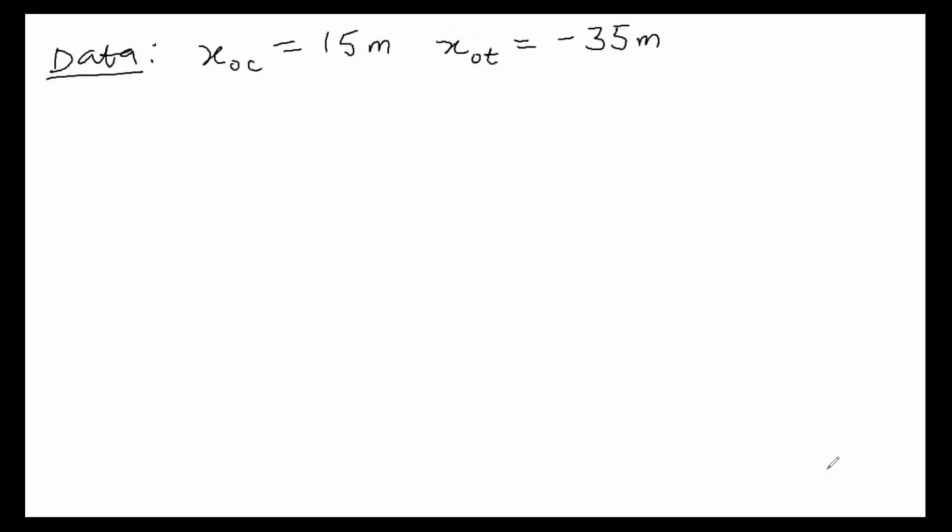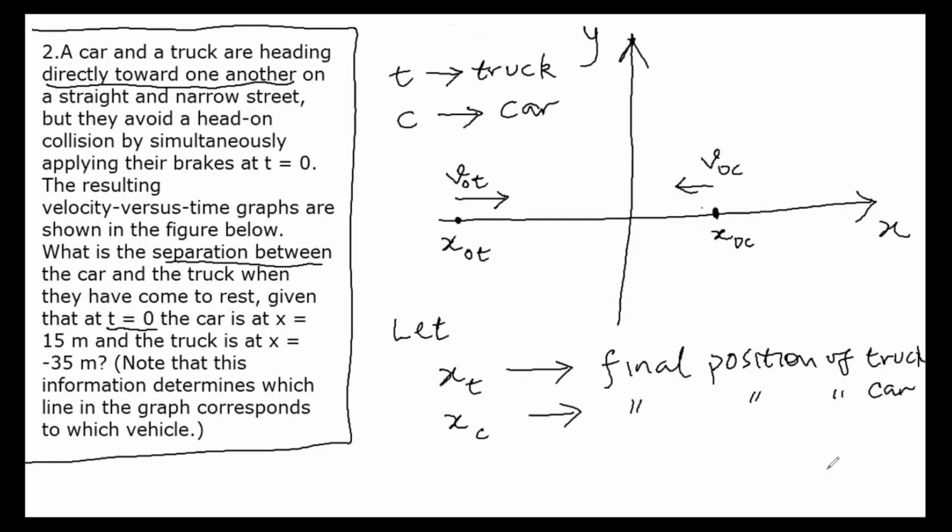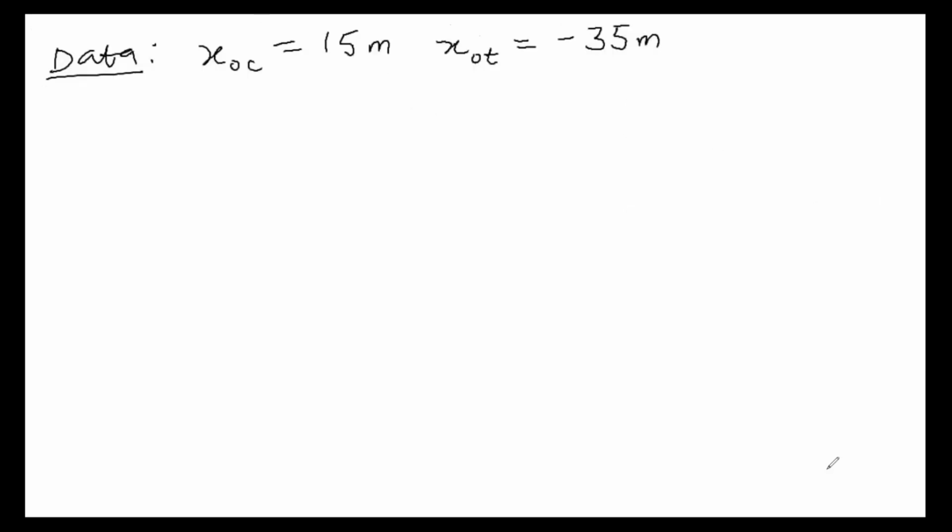And then what else has been given? Do we have the initial velocity of the truck and the initial velocity of the car? So let us go to the diagram. Let me share the diagram with you, so that we see whether we have this.